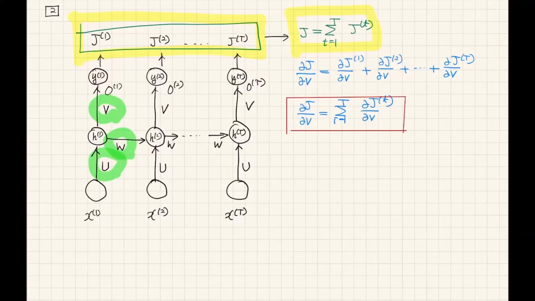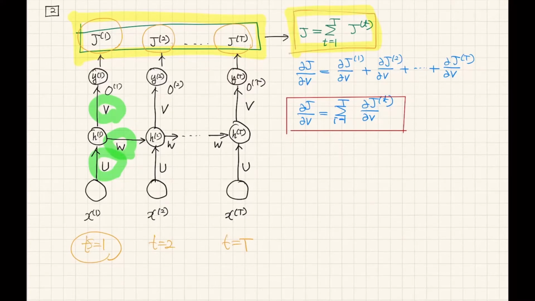At each state, t equals 1, t equals 2, t equals T, we define the cost function J1, J2, JT. So what we have to do is define the total cost function.